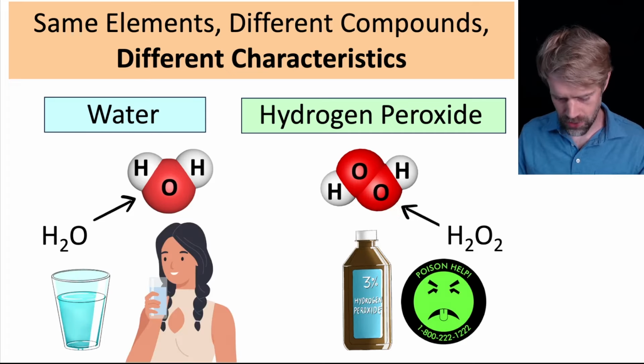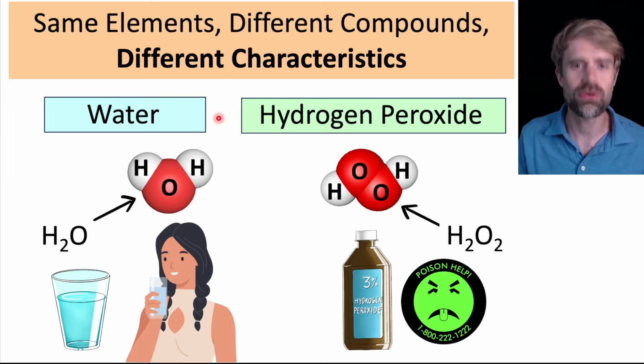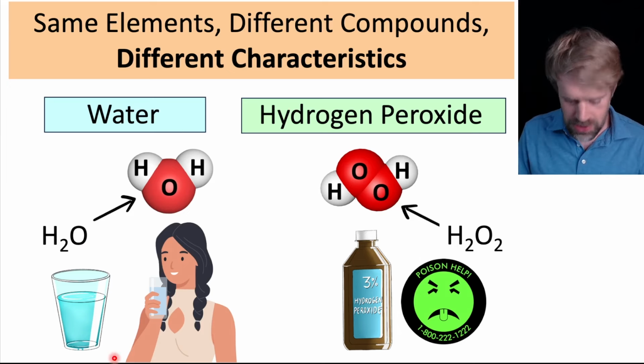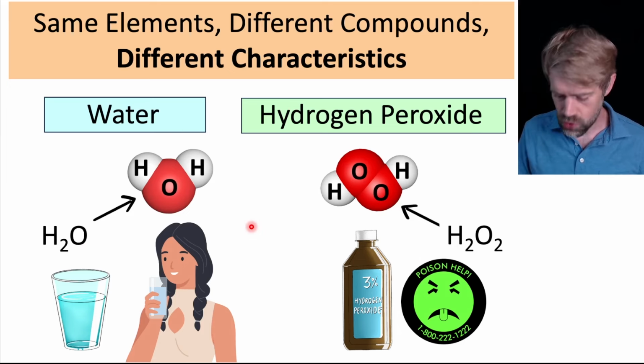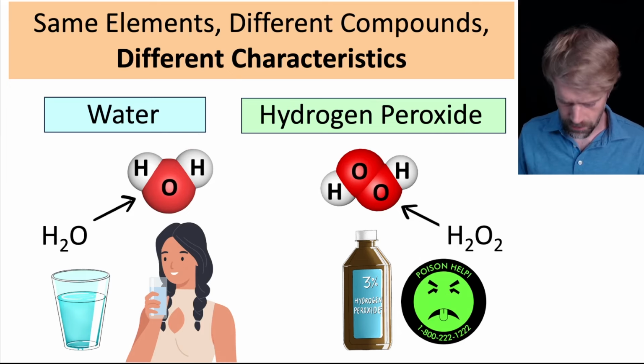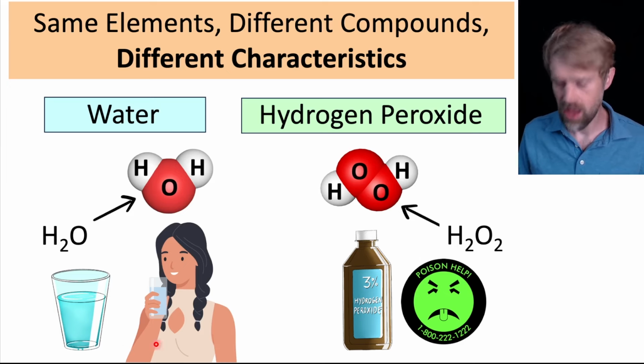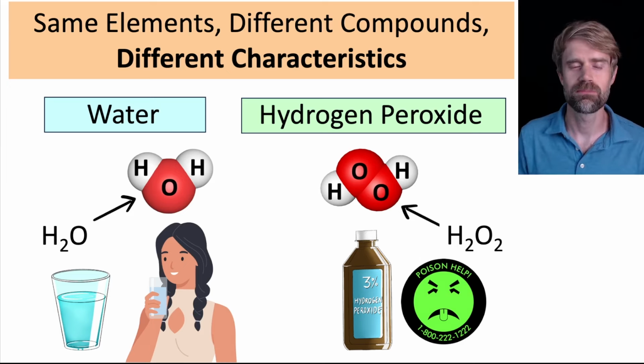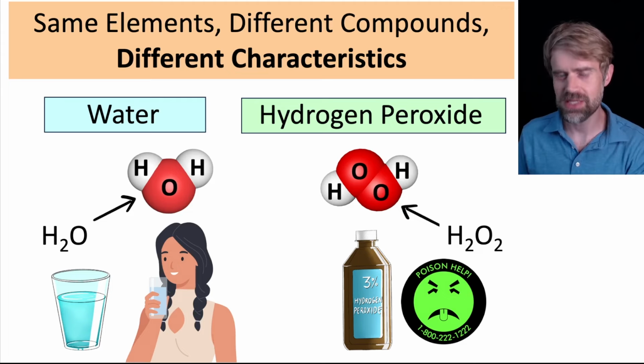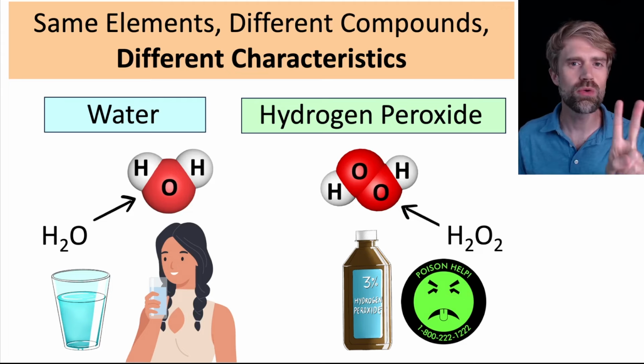Water and hydrogen peroxide are very, very different. Water is about as safe as it gets, but if you drink hydrogen peroxide, it can be very poisonous. So, different chemical composition, different characteristics. Very, very important. Now that we've covered the basics, let's look at 2 more compounds.